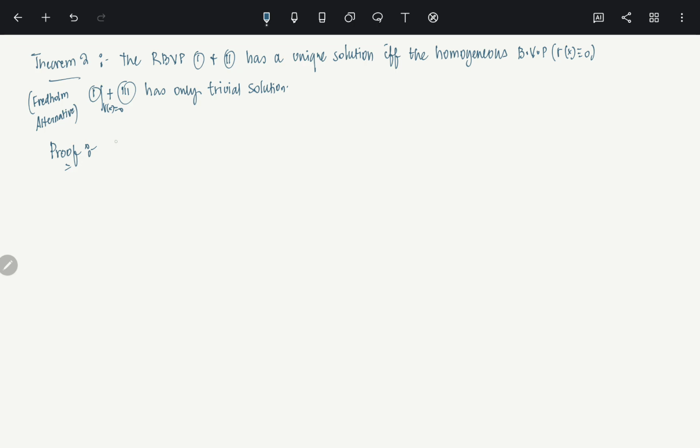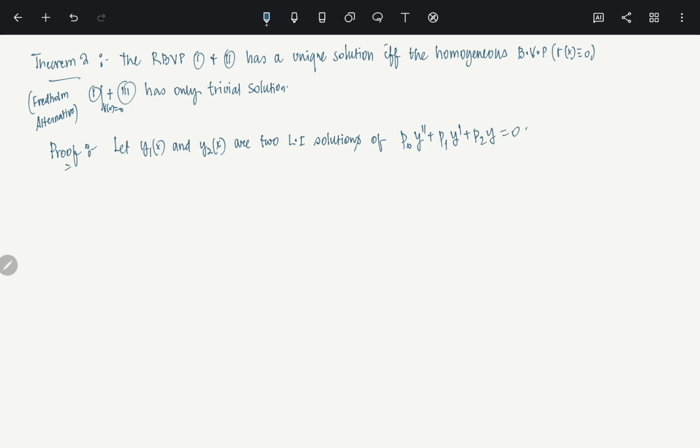So what is the proof? Let y1 of x and y2 of x be two linearly independent solutions of this equation, p naught y double prime plus p1 y prime plus p2 y equals to 0.